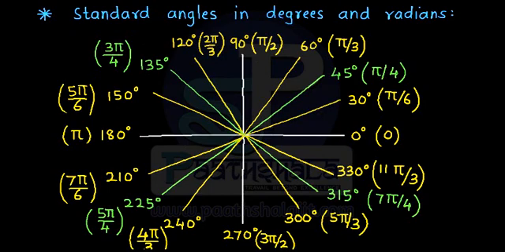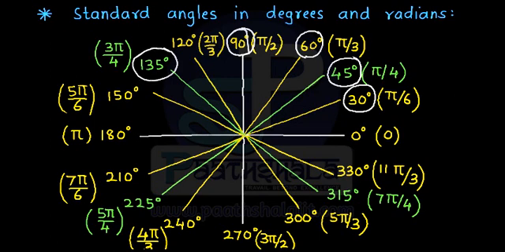Now here are some standard angles which are shown in this figure. We can see the multiples of 30, that is 30, 60, 90, 120 and so on. Similarly we also have the multiples of 45, that is 45 degrees, 90, 135 and so on.